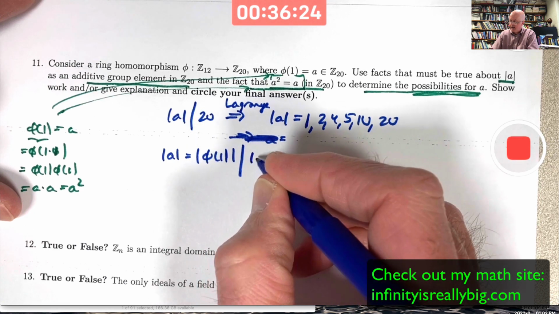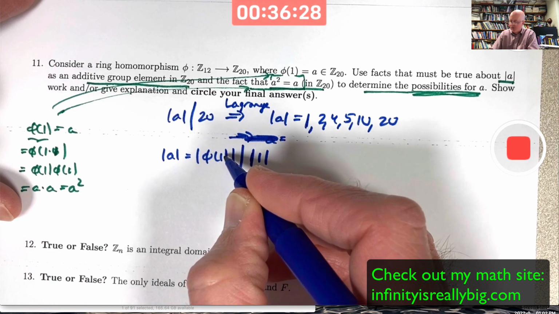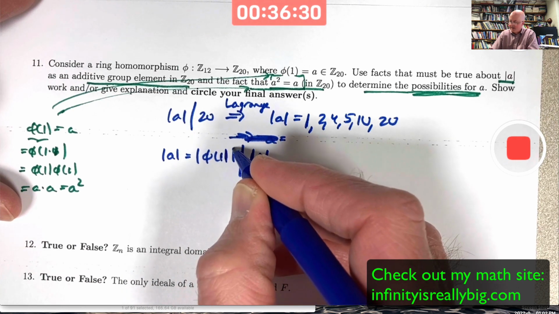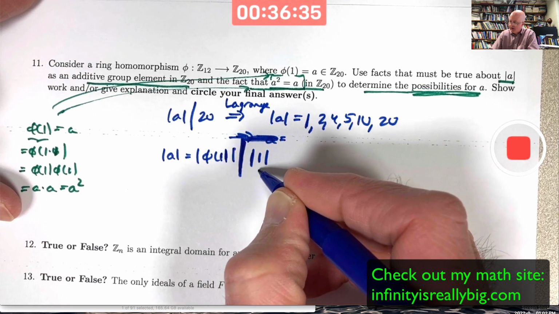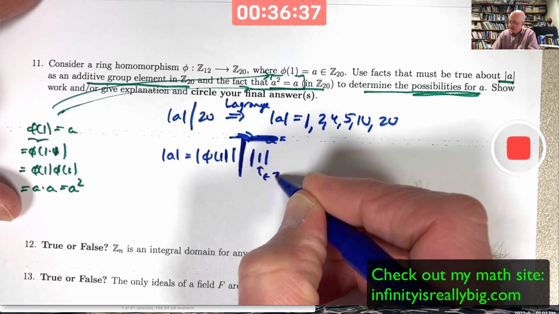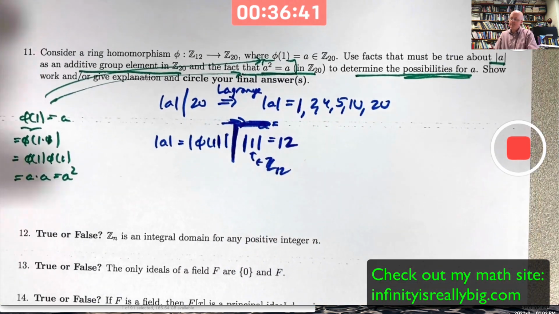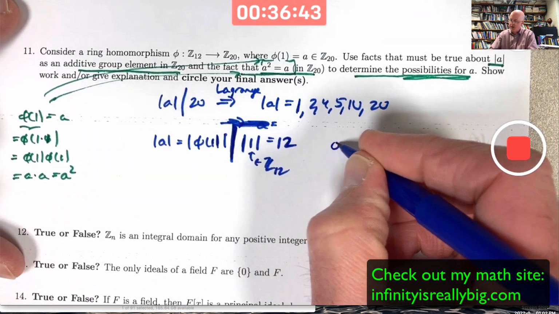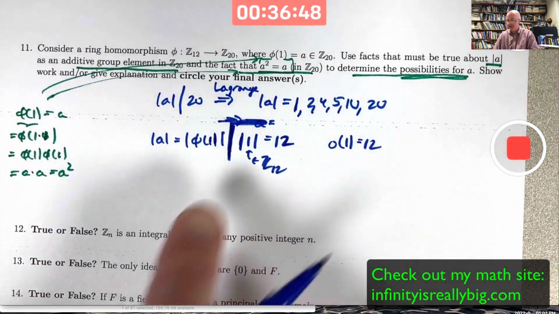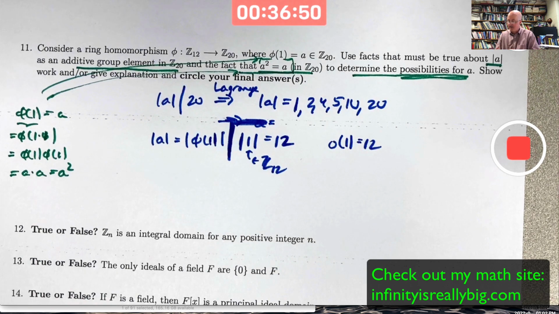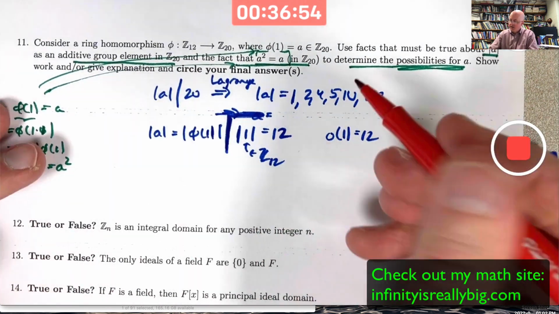The order of A, which is the order of phi of 1, must divide the order of 1 in Z12, which is 12. 1 is a generator of Z12. Maybe your teacher uses O notation for order. The order of 1 is 12. That's probably a better thing to use, but that's what I use, like absolute values. So it's got to divide 12 as well, which whittles down the possibilities.